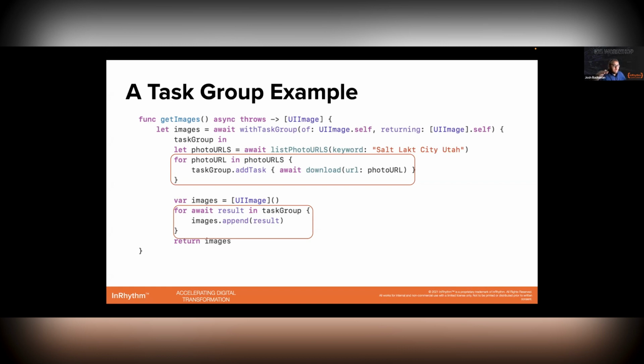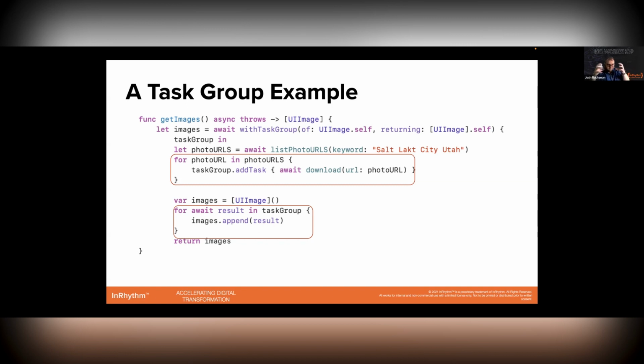We've got a first endpoint where we're passing in a keyword. The result of that keyword is a series of URLs associated with photos. We group all of those URLs into a group. Then inside of the task group, we pass that URL into the download function.